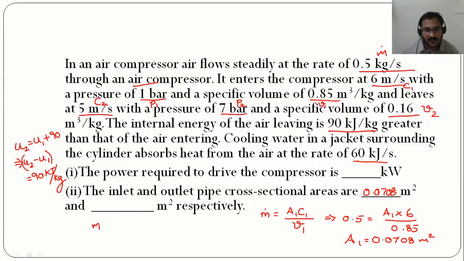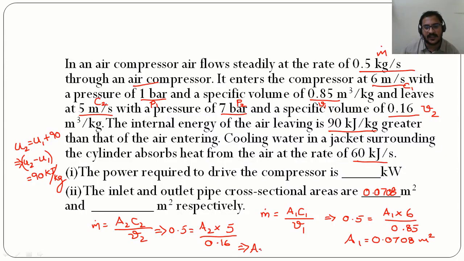Then m dot is equal to area into velocity by specific volume at exit. 0.5 is equal to A2 into velocity at exit is 5 meter per second and specific volume at exit is 0.16.